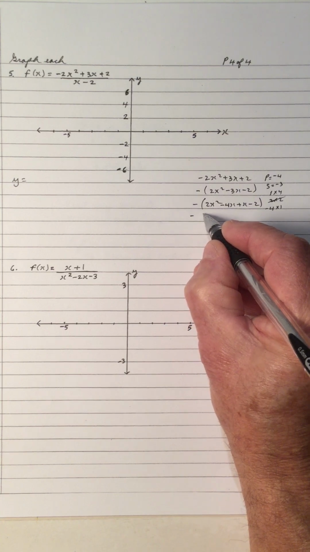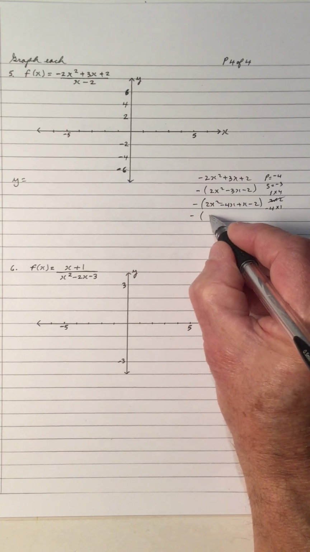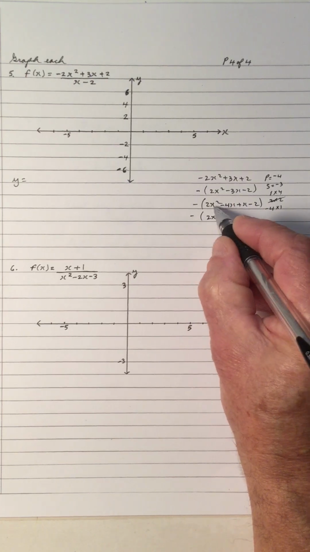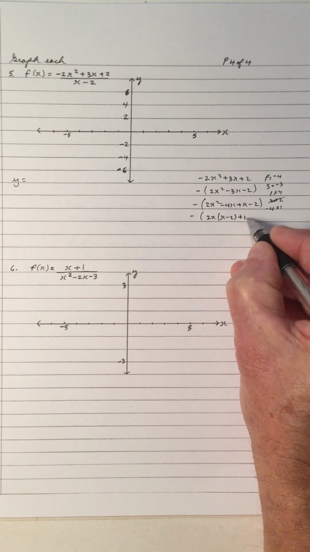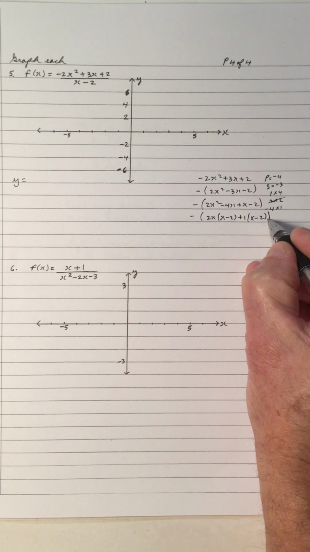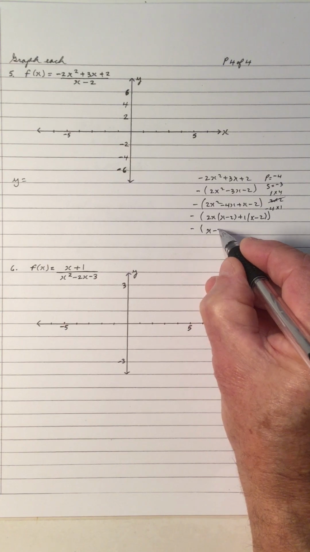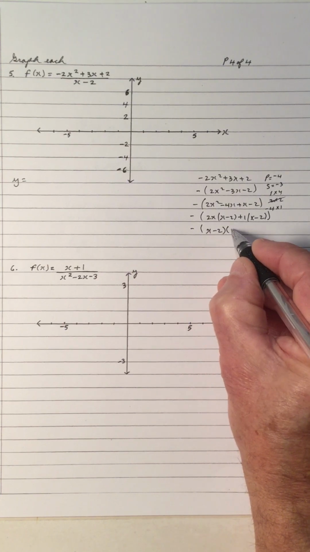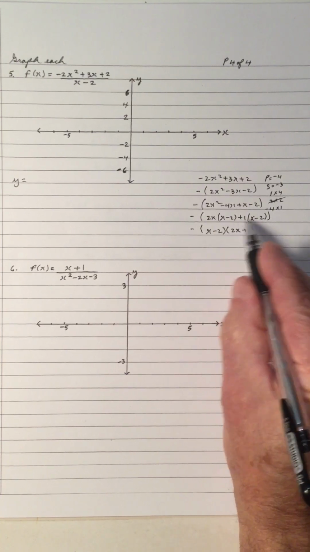And we factor that. In this, we're going to do grouping. We take the 2x out of the first two terms, so that's 2x times x minus 2. We take a positive 1 out of the next two, that's 1 times x minus 2. As you can see, that x minus 2 is common, and 2x plus 1 is what's left as we group them.